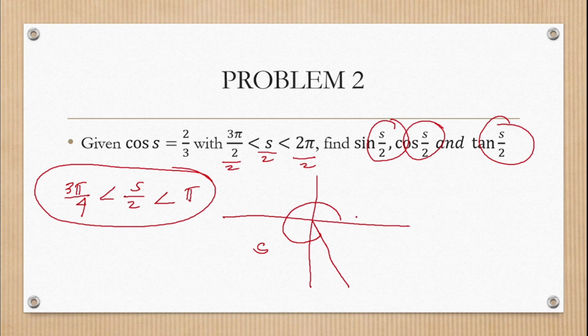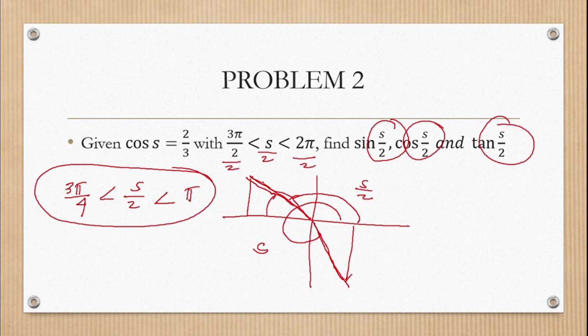Since you divide it by 2, 3 pi over 4 is 135 degrees. So this is our s over 2 now. In this part we create the reference angle, and also for this part as our reference angle that is less than 90 degrees. So we need to find this side.